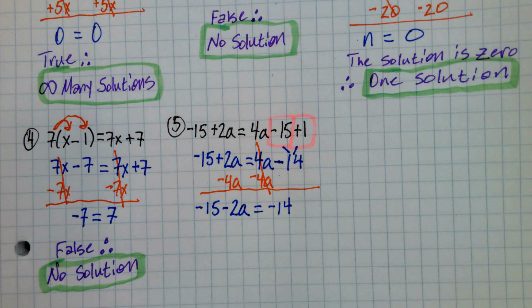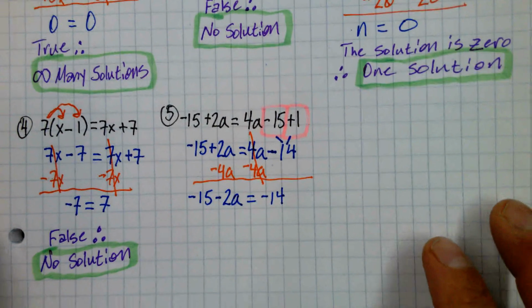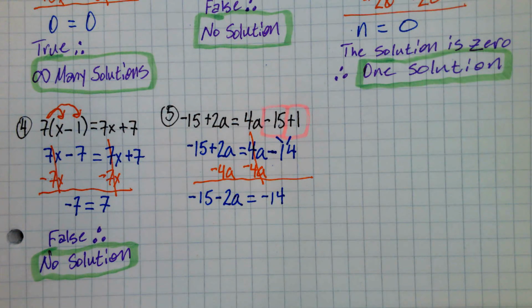Okay? So at this point, what do you think? One solution, no solution, or infinitely many? It is going to be one solution.